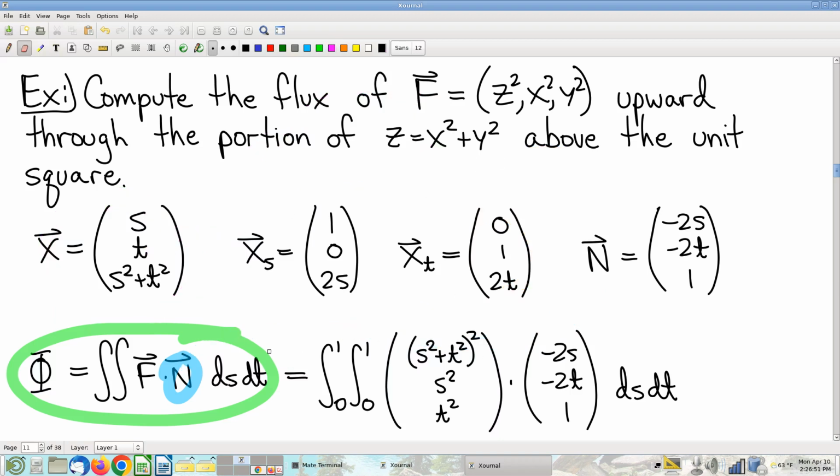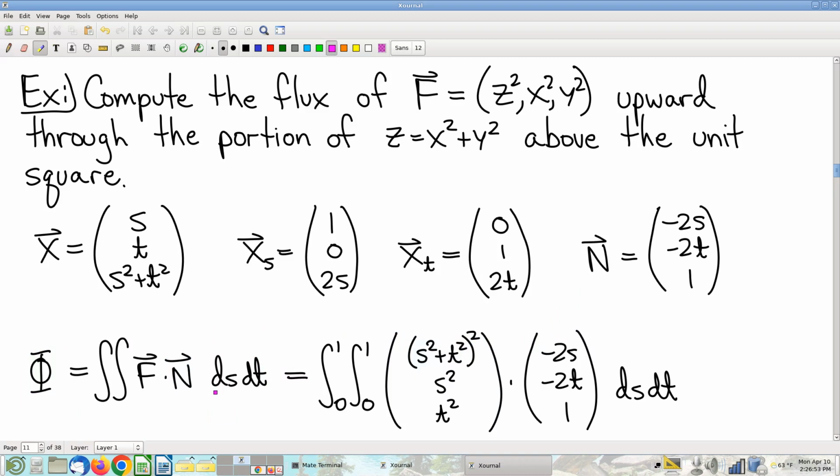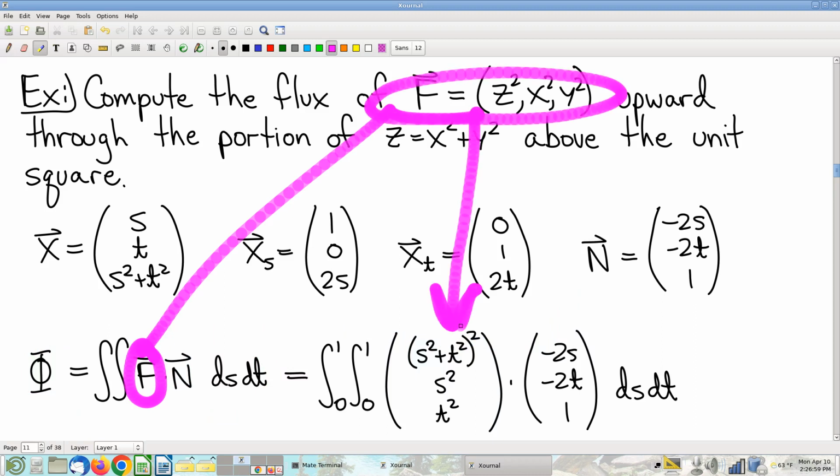Okay, and with that noted, let's see here. The vector field is, there it is, which is this. Oh, now wait a second. What happened here? Why is it not z squared that I've written down as my first entry? Well, in fact, I have. Keep in mind, x, y, and z are given by the parameterization.